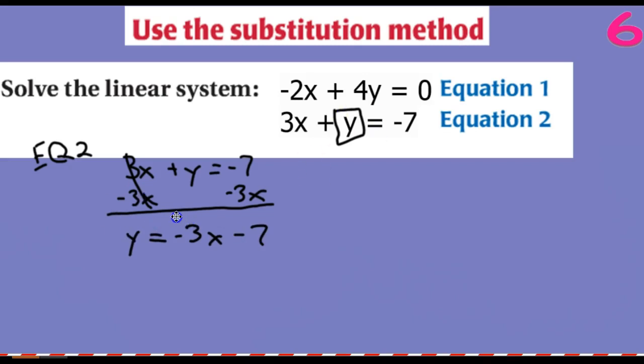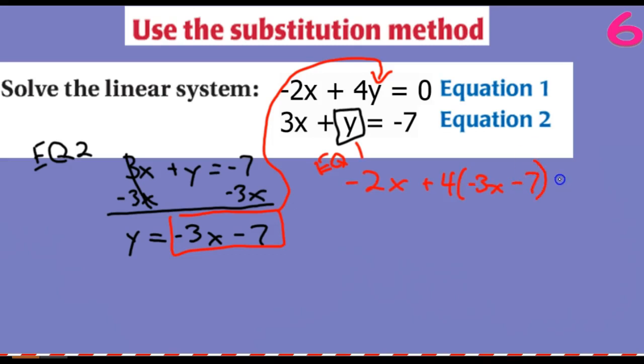Now we know what y equals. Y equals negative 3x minus 7. So we can plug this back into our first equation for y. So we have negative 2x plus 4 times negative 3x minus 7 equals 0.